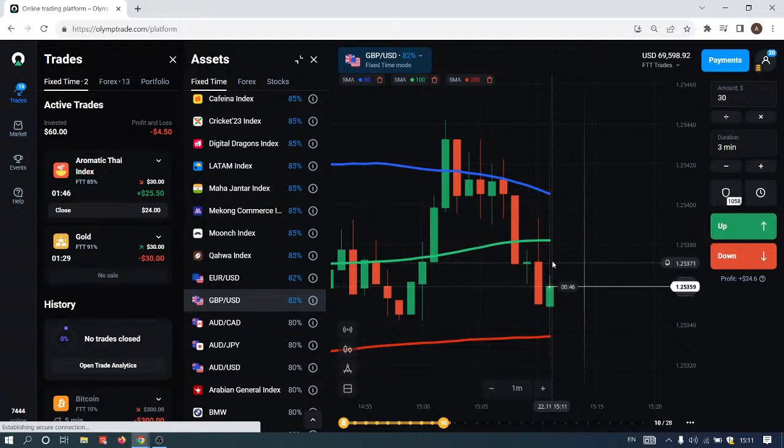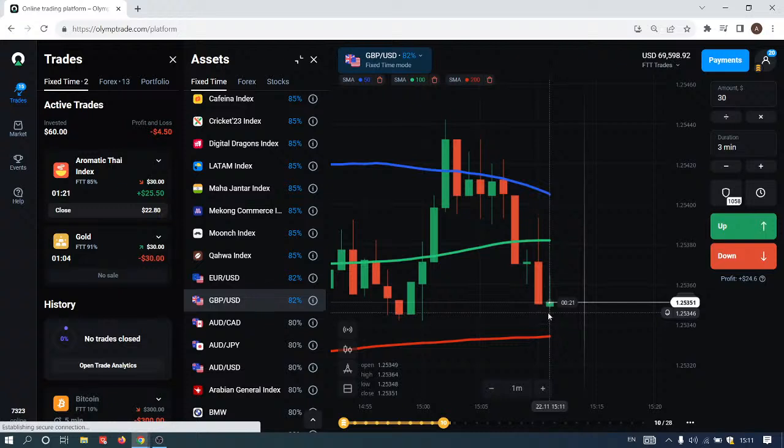You want to open a down trade from the SMA above, and you also want to open an up trade from the lower SMA in case price drops here. And that's exactly when you would want to open a trade.